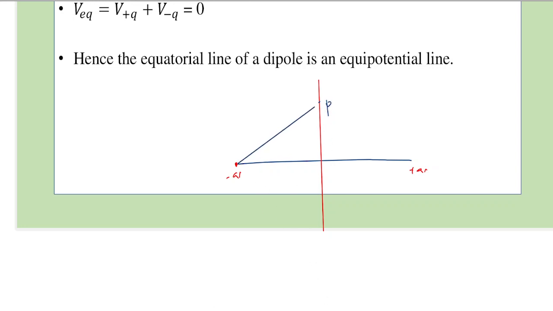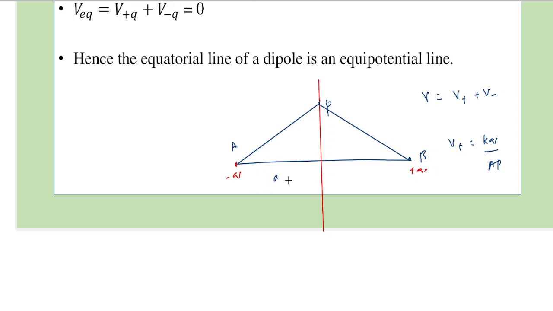Now distance from here and this would remain same. For example, if this point is called as A, this is B, the distance from A to P is same as B to P. So net potential is because of plus charge and then minus charge. Here V plus is equal to kq by AP.